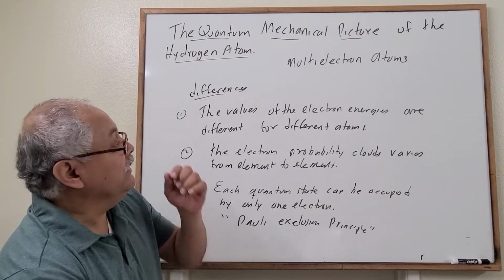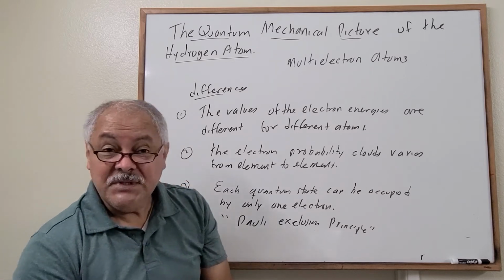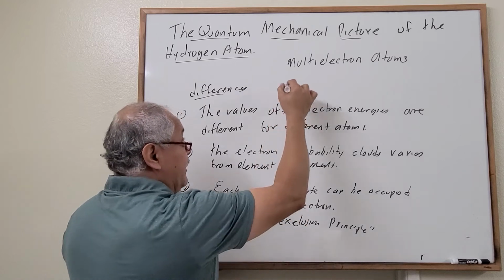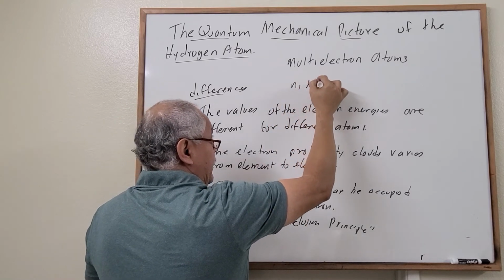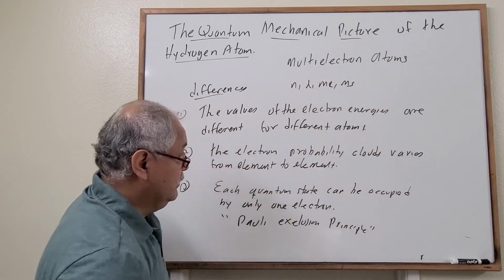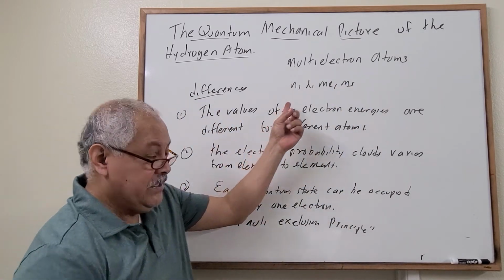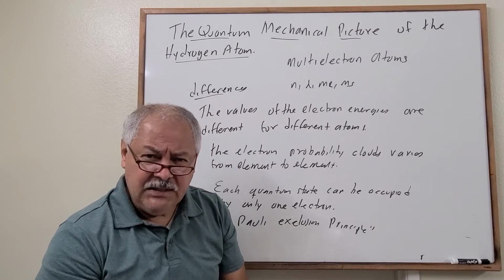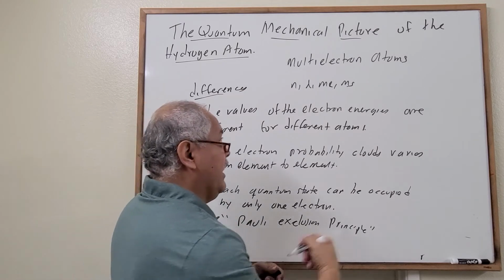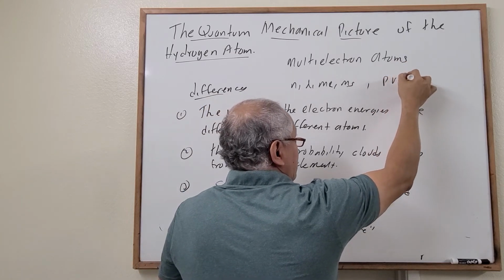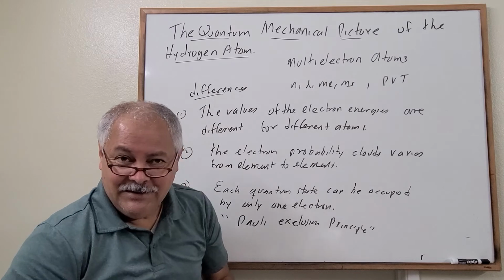Okay, perfect. Remember, a quantum state is represented by n, l, ml, and ms. Remember how we represent the state in thermodynamics? We have pressure, volume, temperature. That's the state.